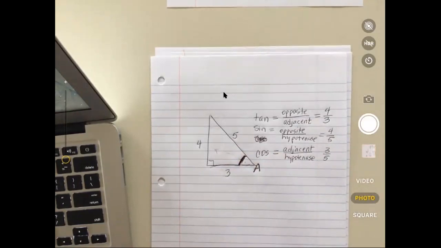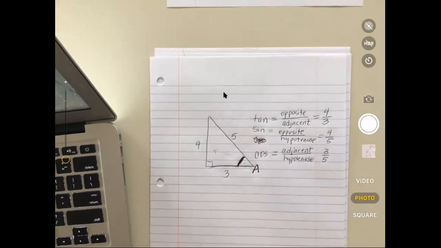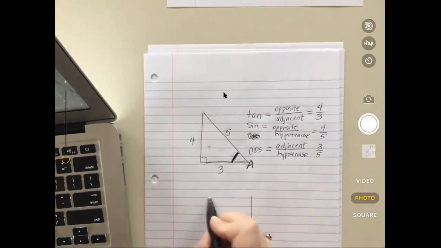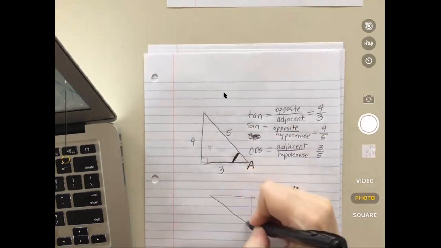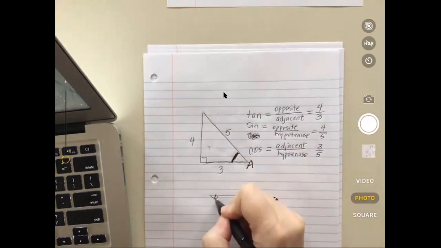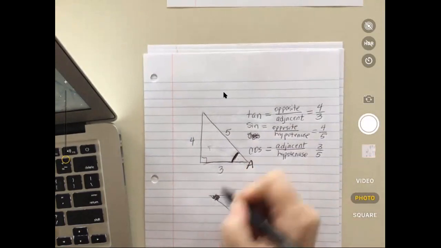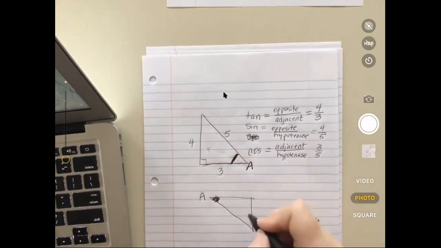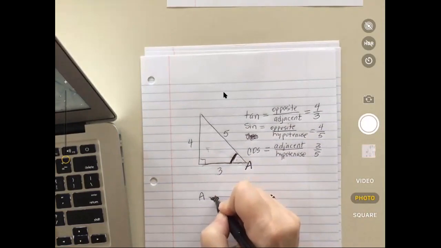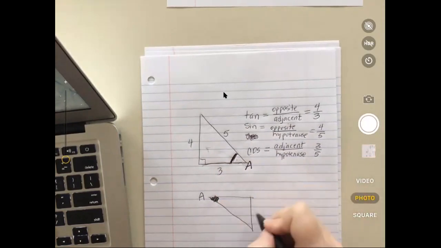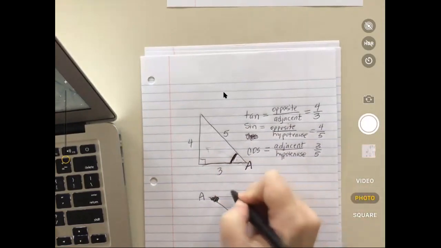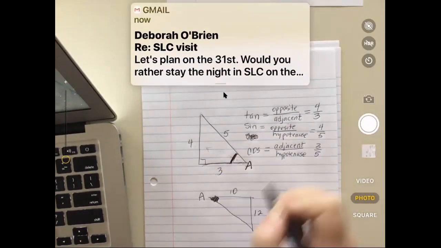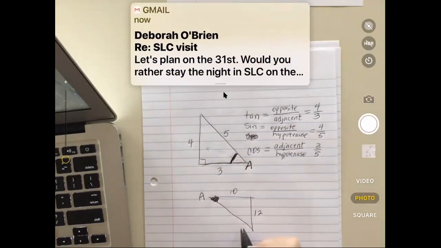Okay, that works every time, no matter how your triangle is flipped or turned. You might have your right triangle turned this way, it doesn't matter. If this is the angle I'm talking about, and here are some sides, I'm just going to make up numbers again. Let's say this is 12 and this is 10, and this, I don't know what this is. I could figure it out though.